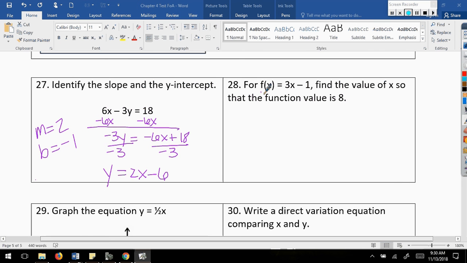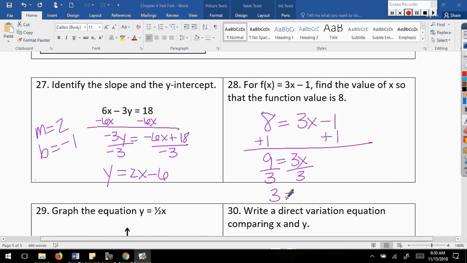Okay. 28. Find the value of x so that the function value is 8. So I want to set the function equal to 8 and solve it for x. So I'm going to add 1 to both sides. And I get 9 equals 3x. Divide by 3. So 3 equals x.